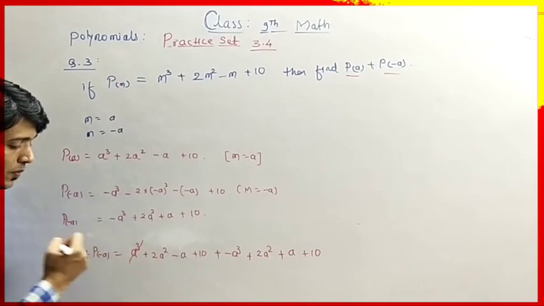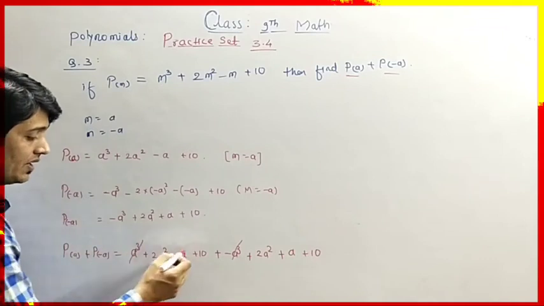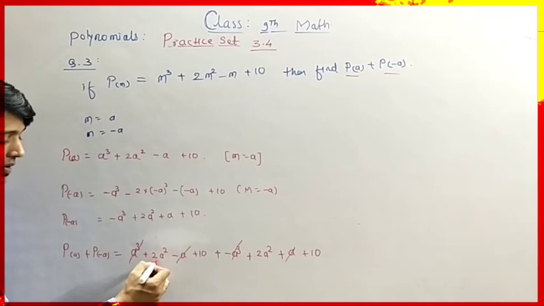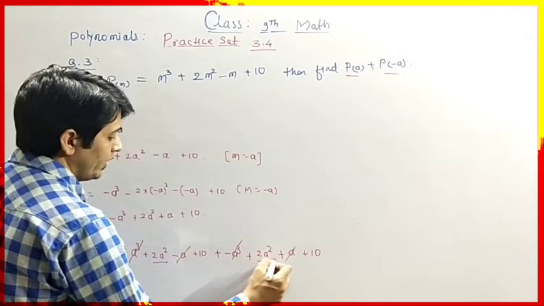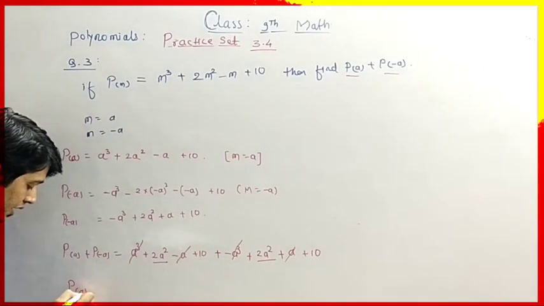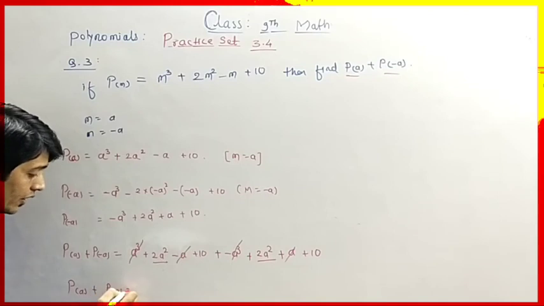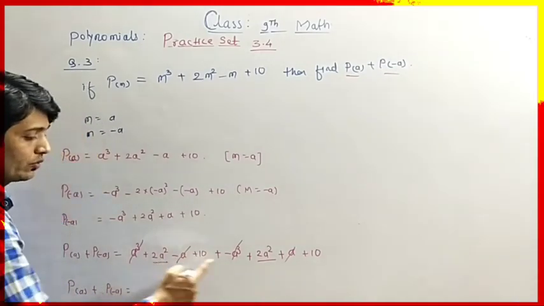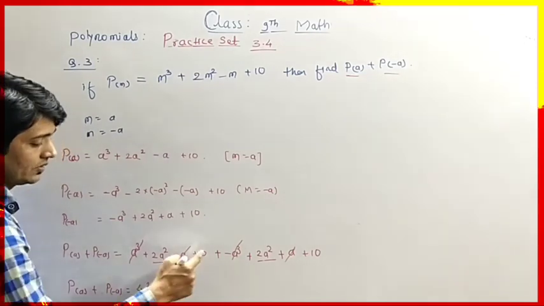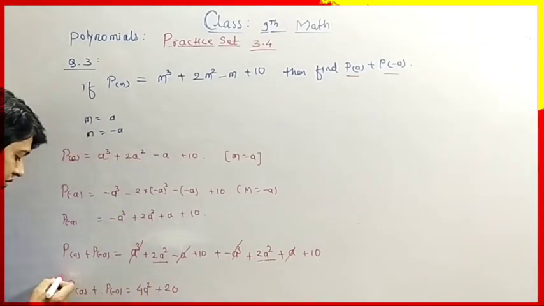So a cube with plus and a cube with minus will get cancelled. Here minus a and plus a will also get cancelled. Now what will remain here? 2a square plus 2a square will become 4a square. So P(a) plus P(-a) equals 4a square plus 10 and 10 is 20. Okay, so this is the answer.